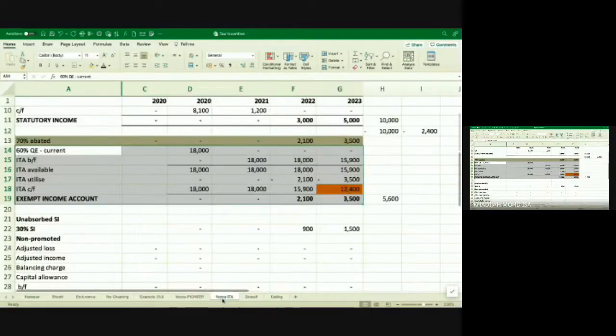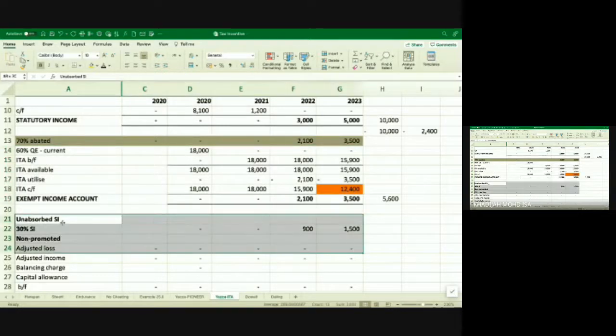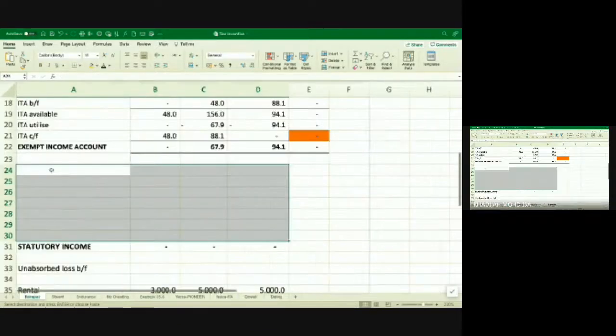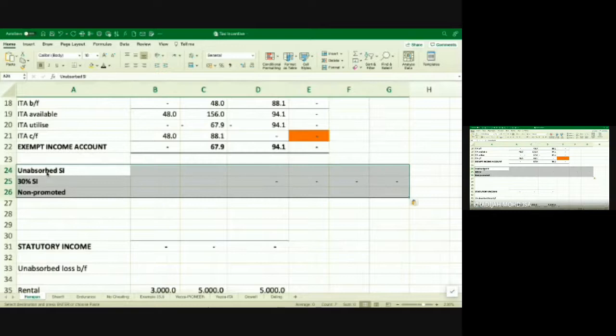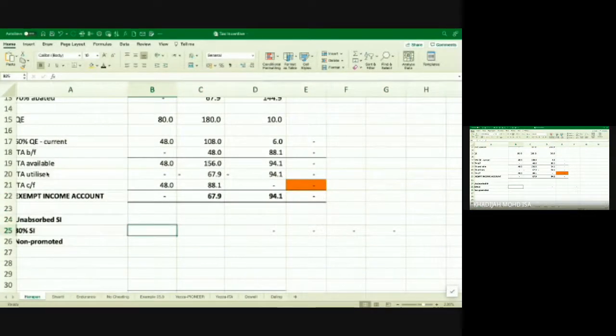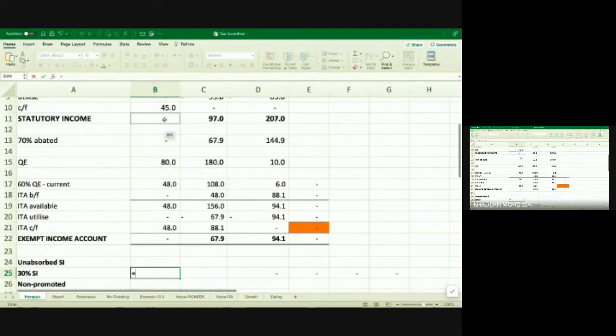What's the formula? You have your unabsorbed SI plus your non-promoted SI. This one is your 30% unabsorbed. You don't have anything, but QE. I feel like asking a question on unabsorbed.